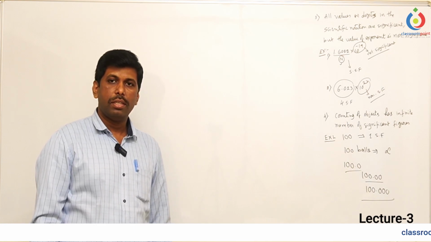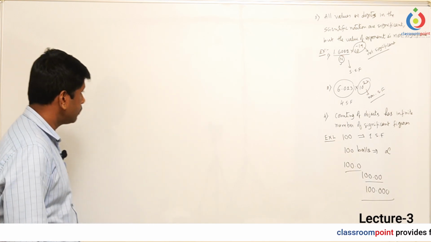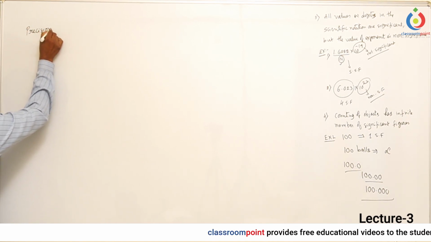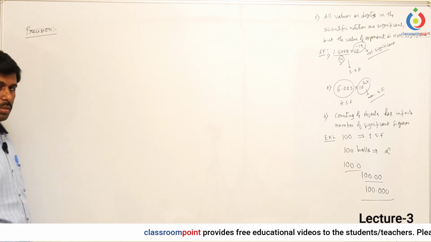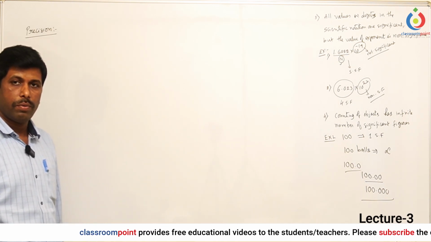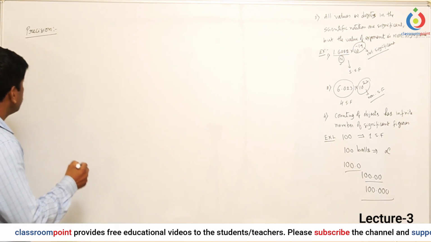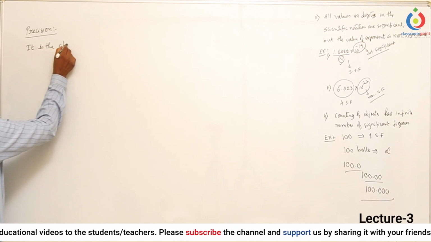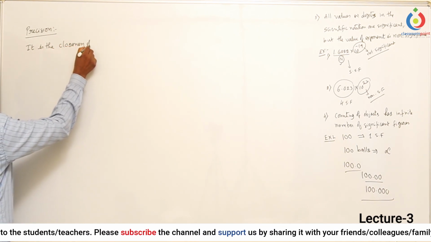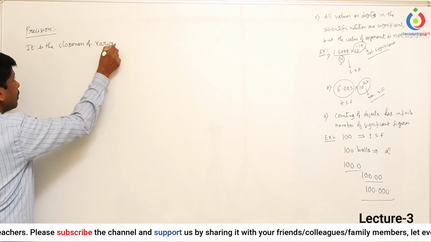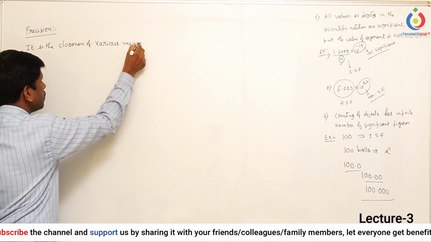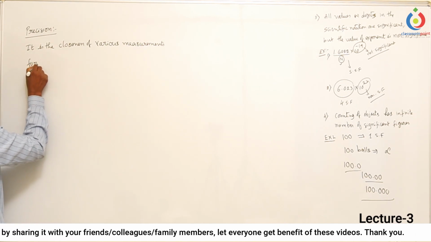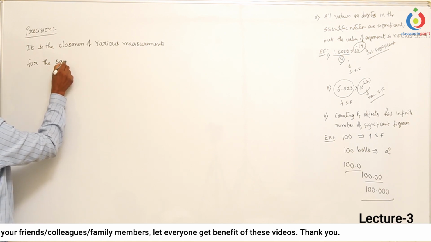So now let us discuss the precision and accuracy. Precision means it is the closeness of various measurements for the same quantity.